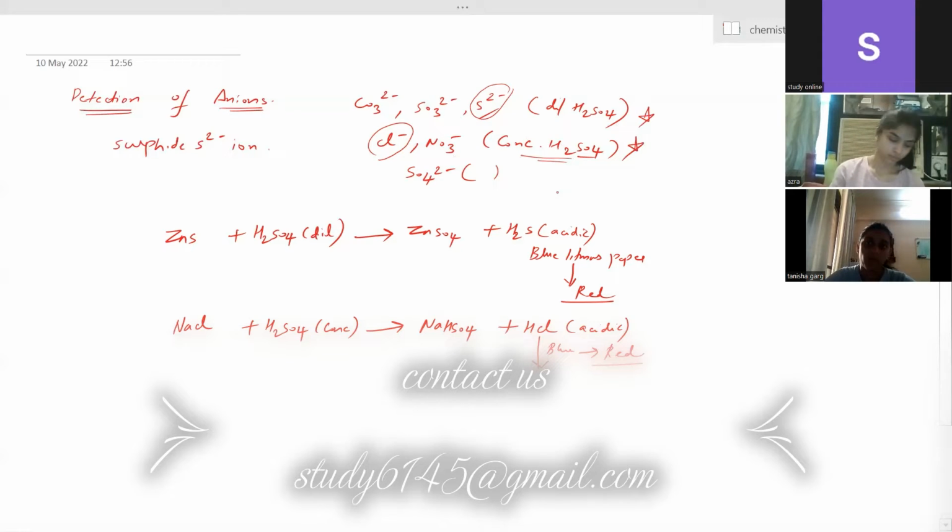This is what we are doing: detection of anions. Any other thing that can be distinguished for HCl? Acidic and basic properties, that we did. Blue litmus turns red. Any other thing for HCl?